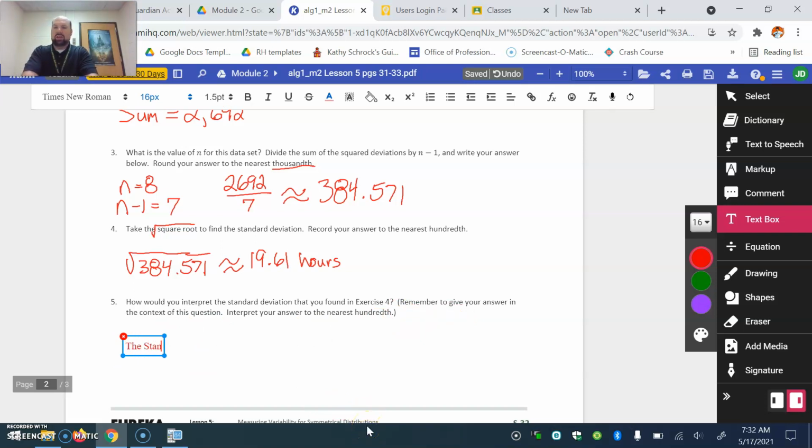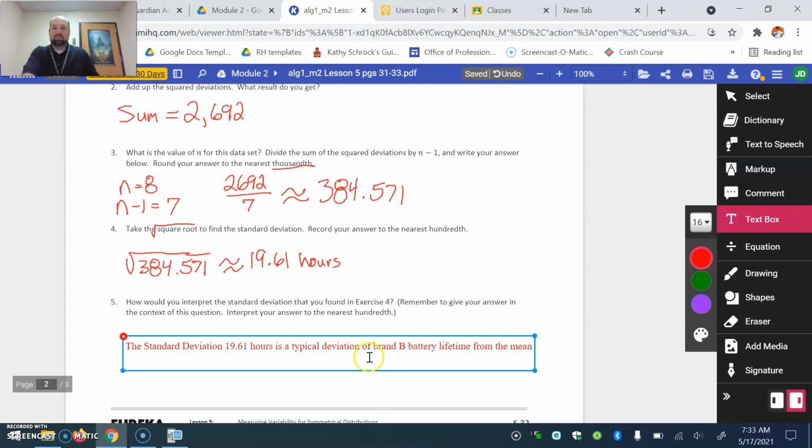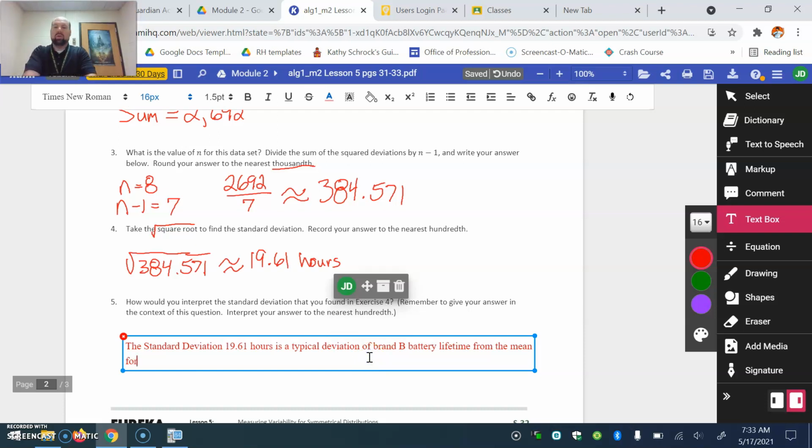So the standard deviation is 19.61 hours, is a typical deviation of brand B battery lifetime from the mean for brand B batteries. There you go. That's it.